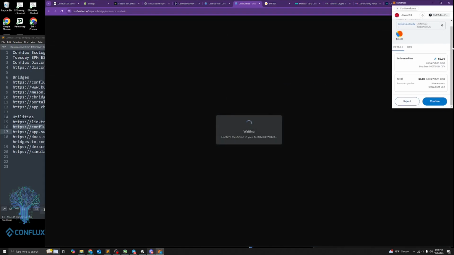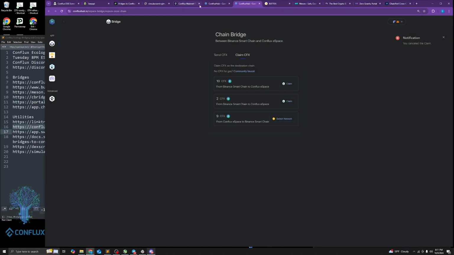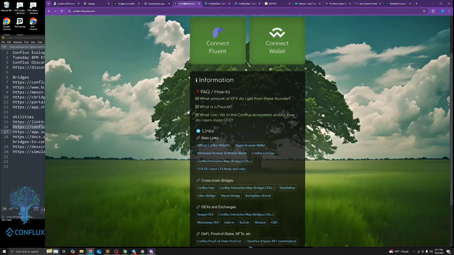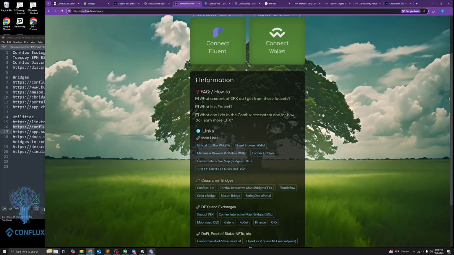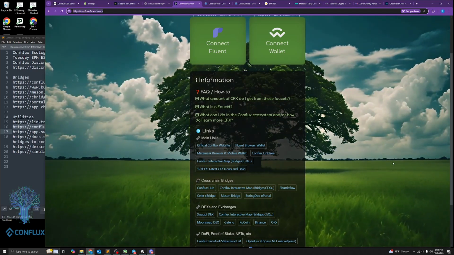The cost here is a tiny bit of CFX. That doesn't matter for me because I have CFX in this wallet. I've used it before. But if you don't, you can say reject, and you go over to confluxfaucets.com, conflux-faucets.com.